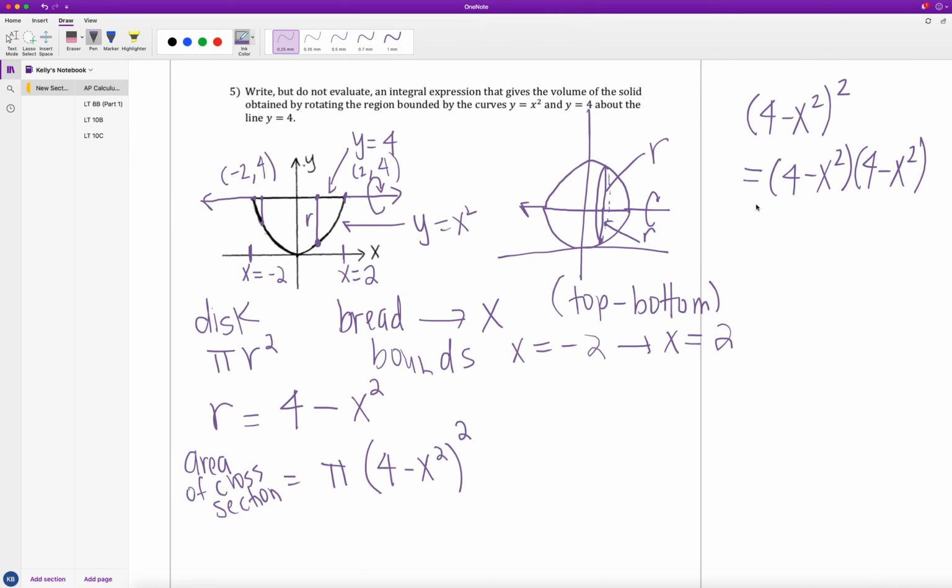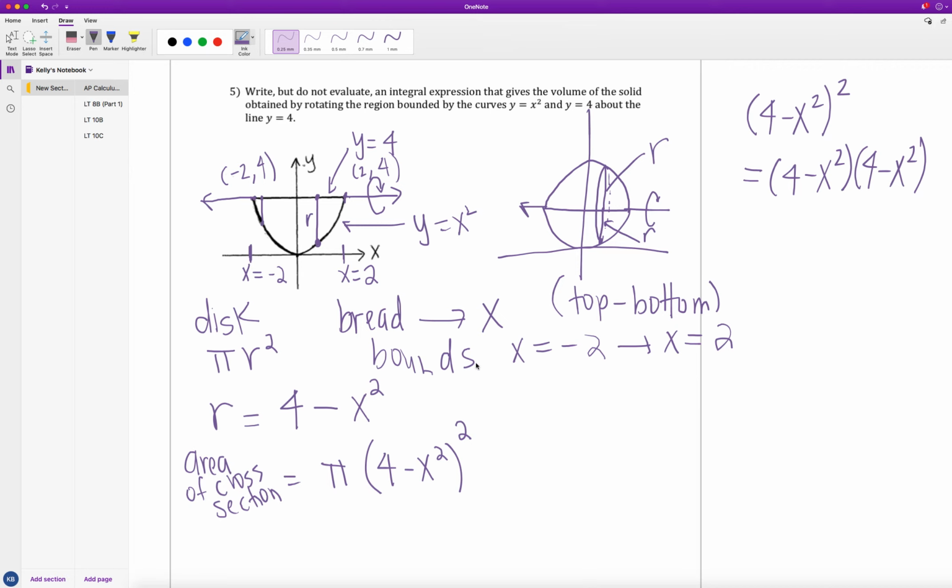And so to simplify this out, I'd have to FOIL the whole thing out, which I could do, but there's no need to do it since we're not going to simplify free response questions. So instead of taking the time to FOIL this all the way out, I'm going to just leave it as my radius squared. Now my final answer is they want the volume of this.